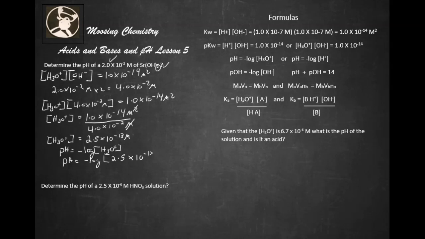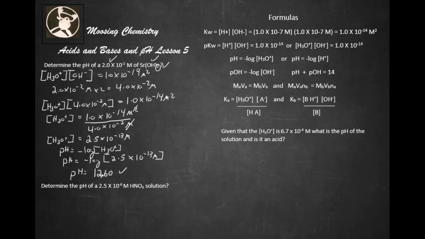When we take the negative log of that number, we get a pH of 12.60, and that makes perfect sense because strontium hydroxide is a strong base, and bases are anything above 7 on the pH scale, right? So that's a very strong base.